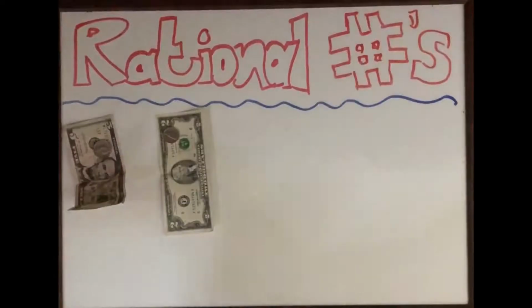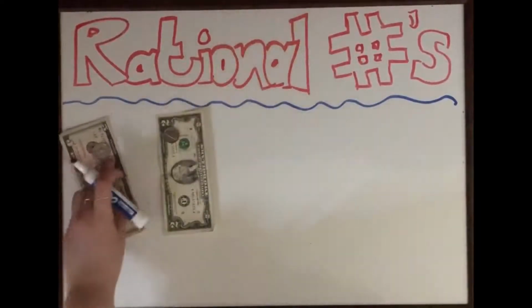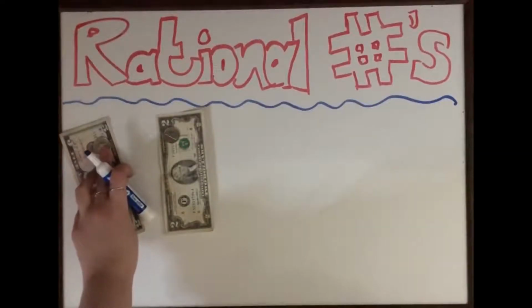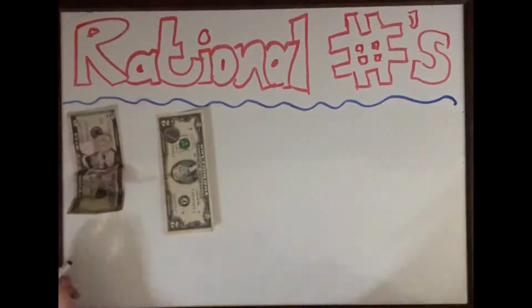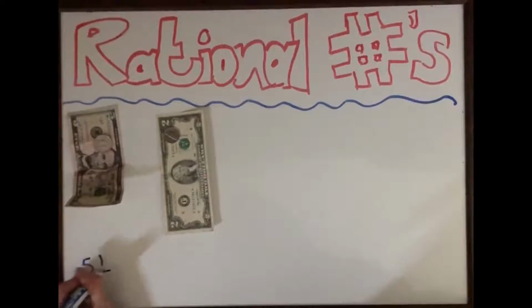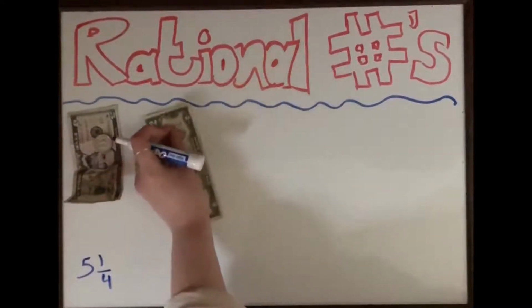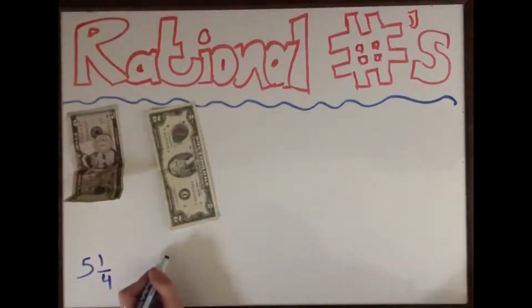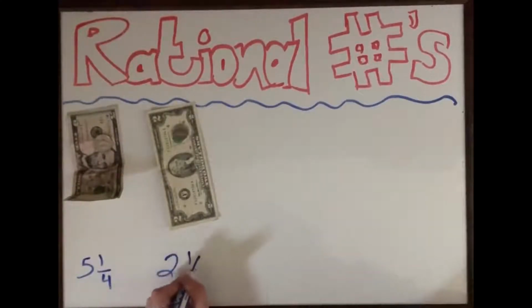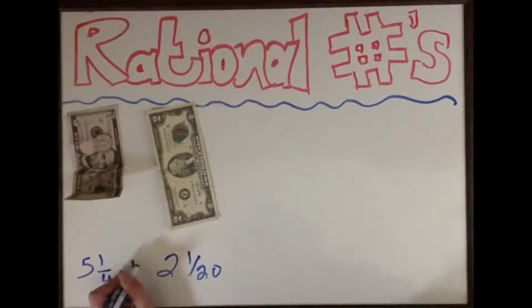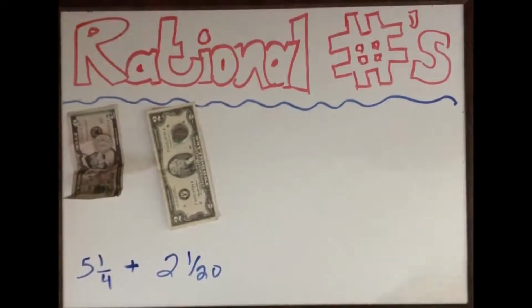Well, we have to find common denominators. 1 quarter equals 1/4 of $1, and so here, this is 5 1/4. 1 nickel equals 1/20 of $1, so this is 2 1/20. This is our problem: we have 5 1/4 plus 2 1/20. How do we solve this?